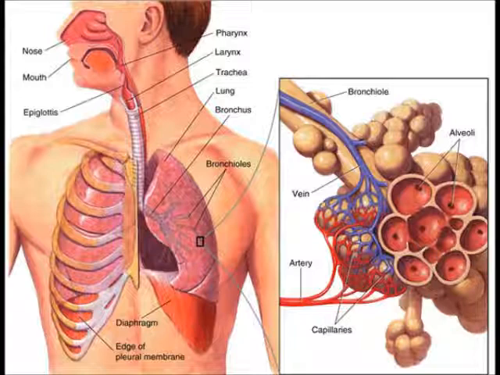So let's talk about diffusion. Remember when I asked you to memorize the histology of the tracheobronchial tree, what it is made of, and everybody probably was wondering, why do we need to know that? Well, there's a reason. So think about it like this.